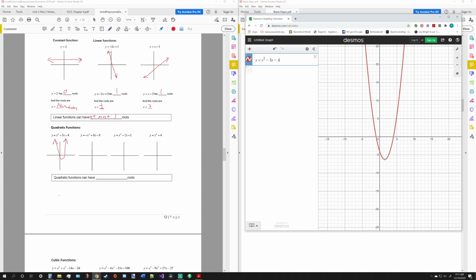Okay, next one, I'm just going to go into y equals and change the function. Okay, so it looks like I have my y-intercept down here. It's opening downward, and it just has one x-intercept.